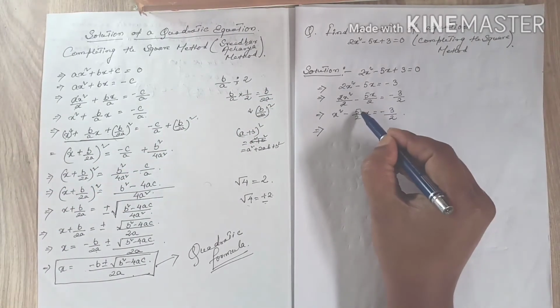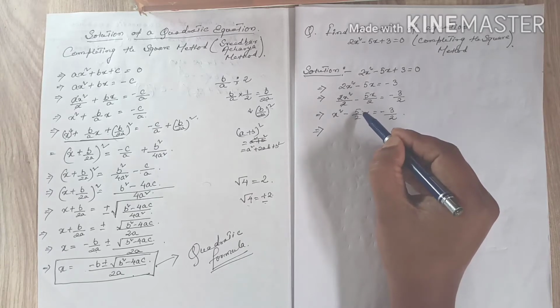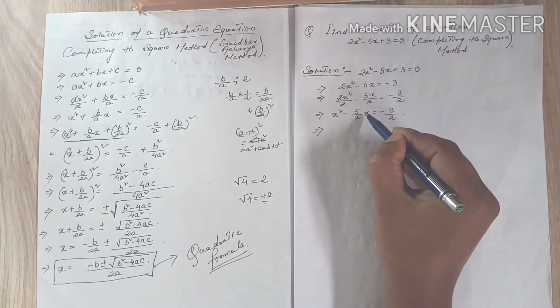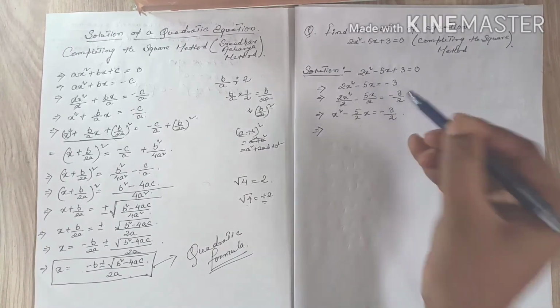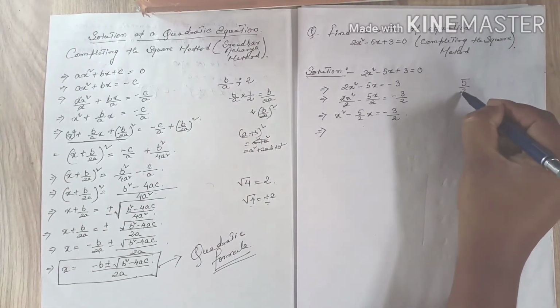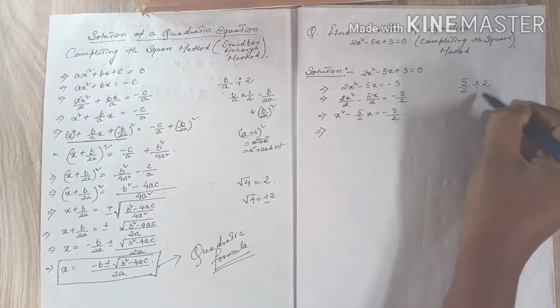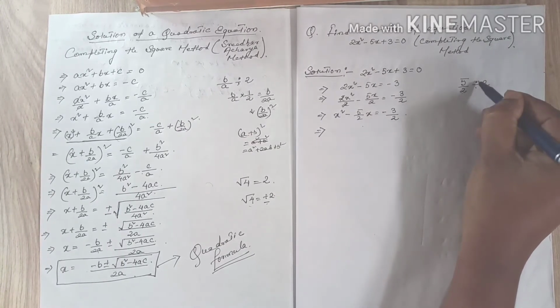Now you have to take half of the coefficient of x. The coefficient of x is 5 by 2, so take its half. Here I am showing how to take the half: 5 by 2 divided by 2. Half means divided by 2, so that's why I am using divided by 2.